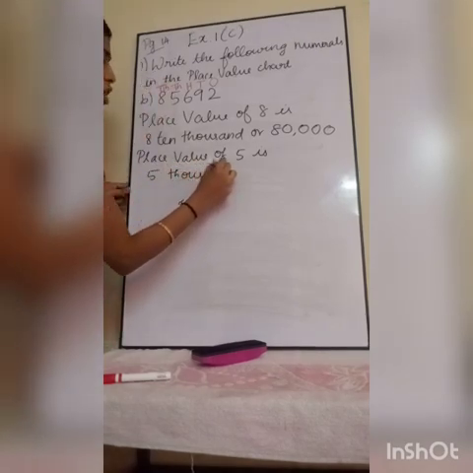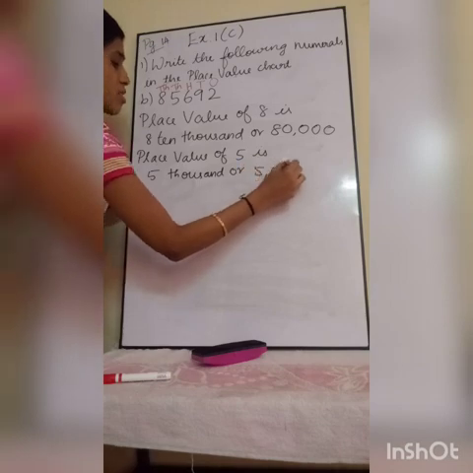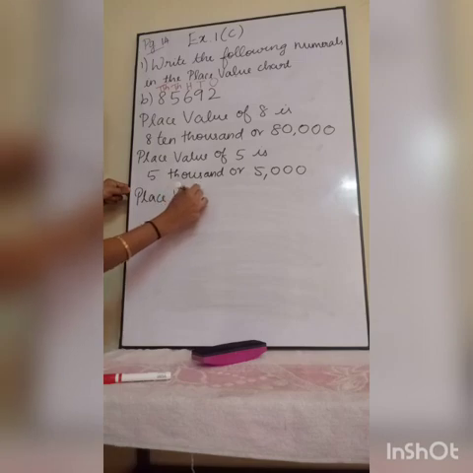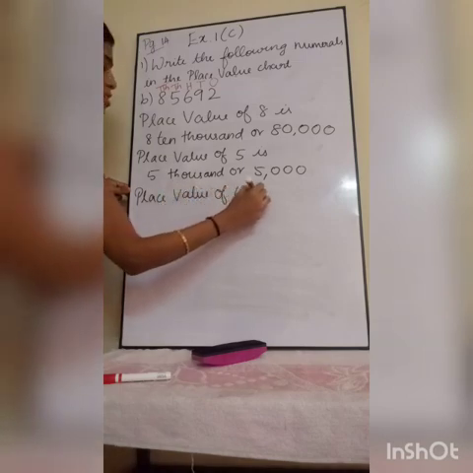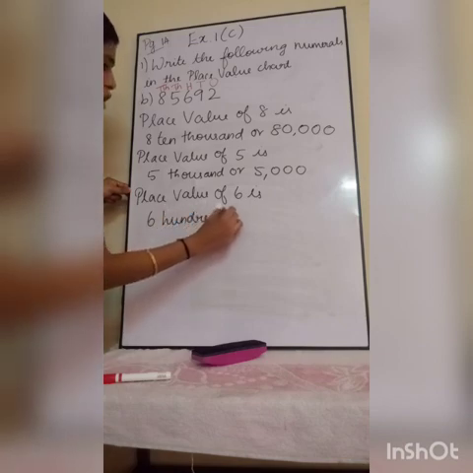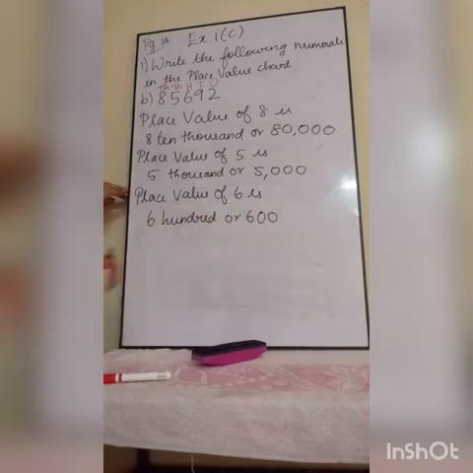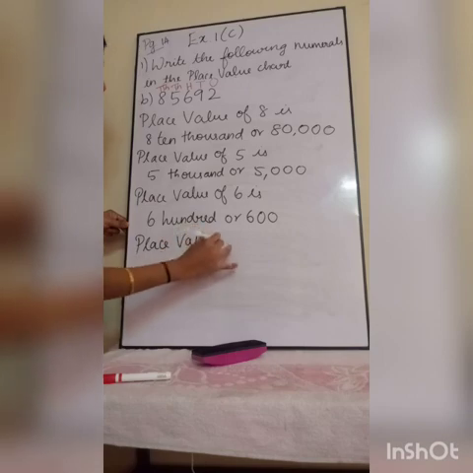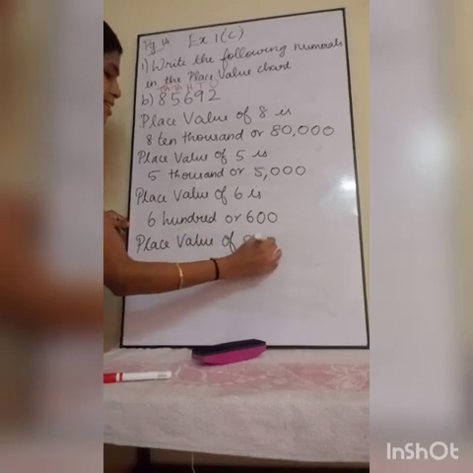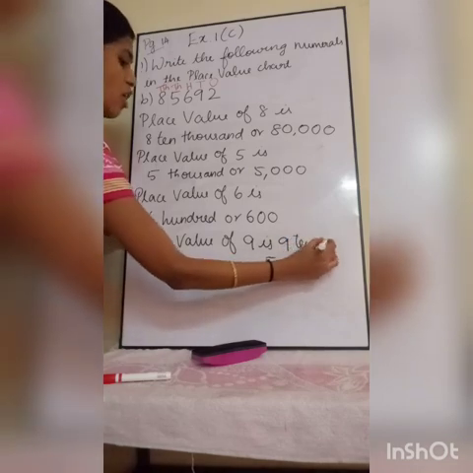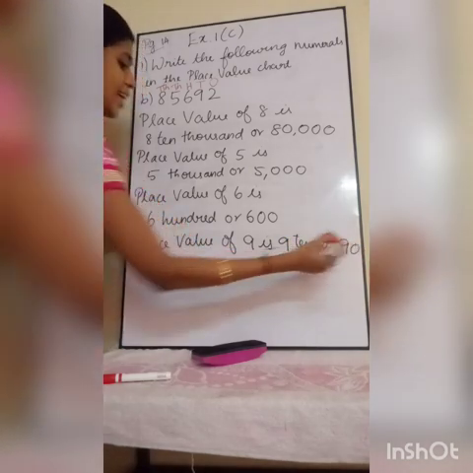5,000. Next, place value of 6 is 600. Is it correct? Yes. Next, place value of 9 is 9 tens, or 9 into 10, 90.